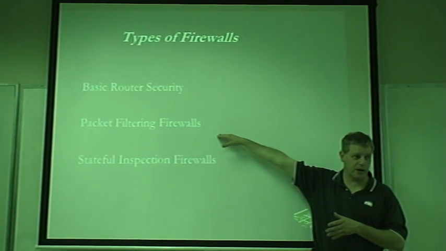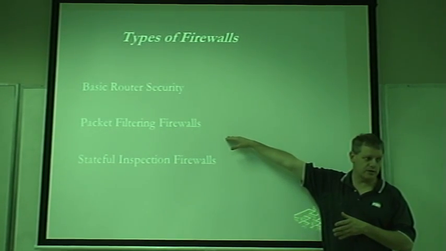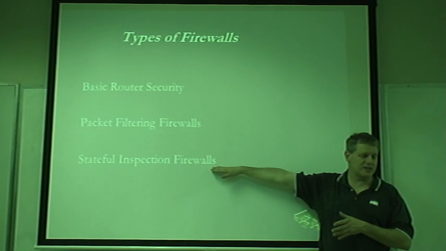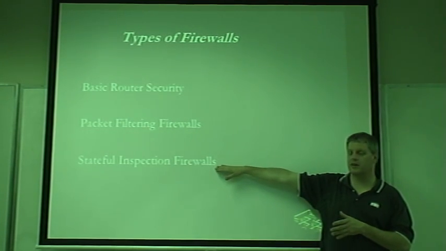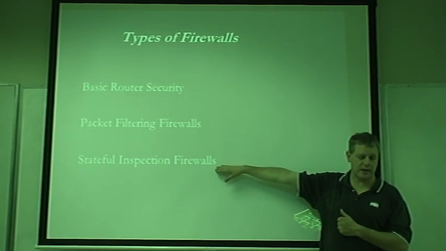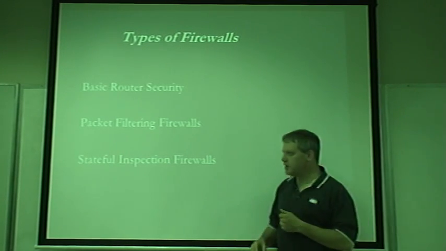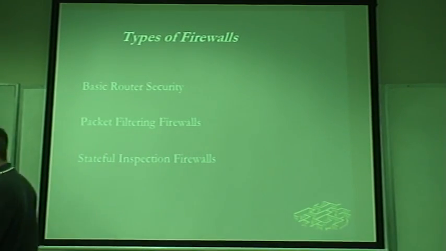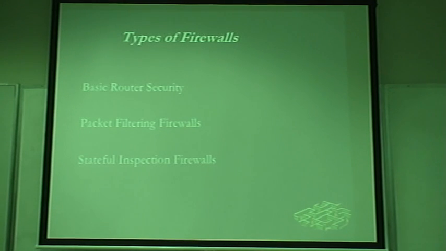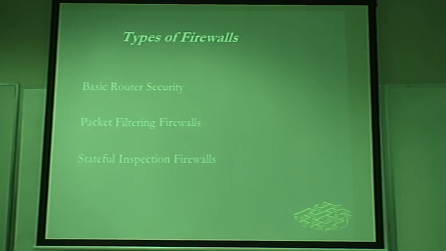We can filter based on that level of information. And then we have stateful inspection firewalls, which we're going to talk about tonight with the IP inspect feature. And here's where we need to get into understanding what state means. Let's take a very simple network, for example.